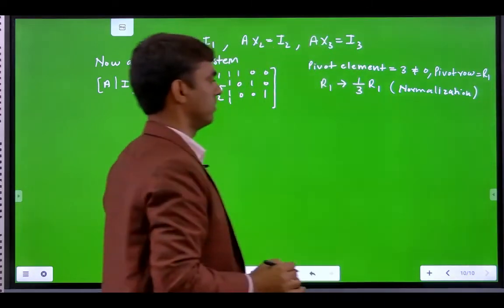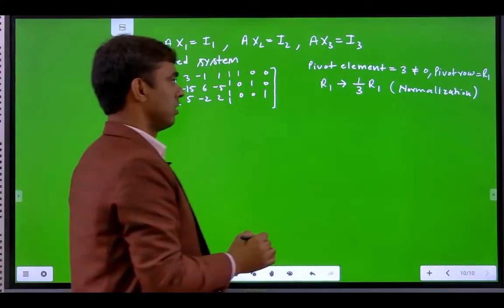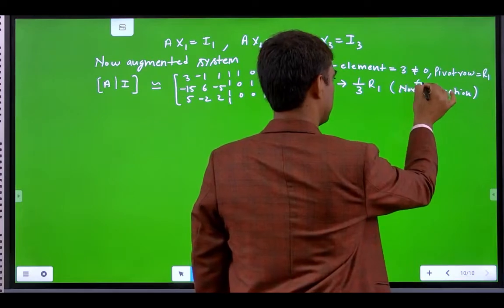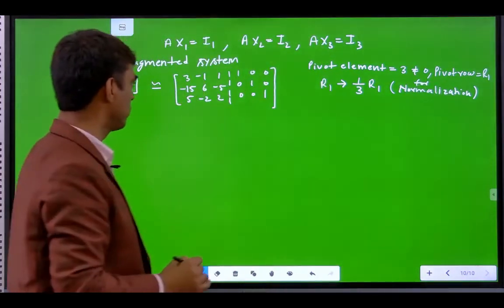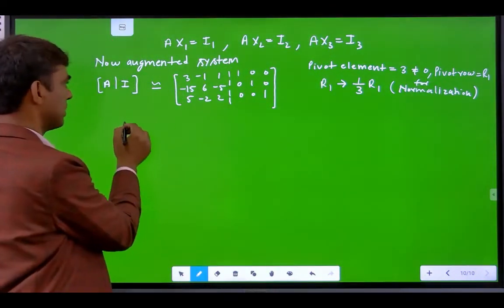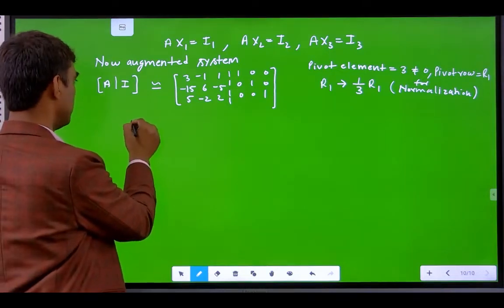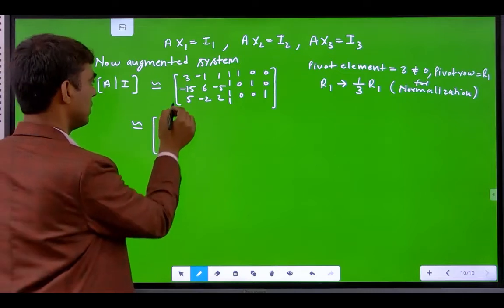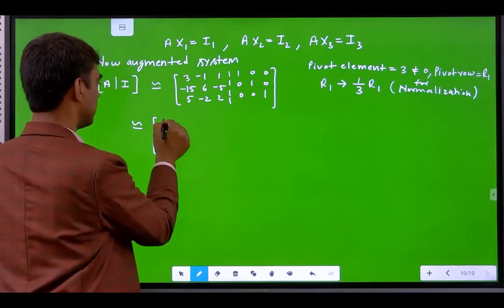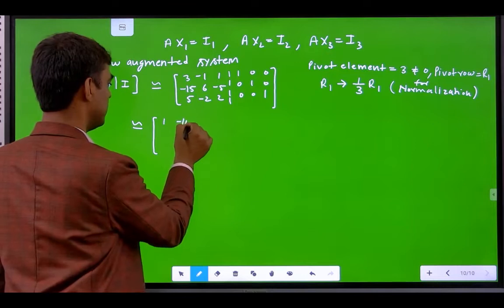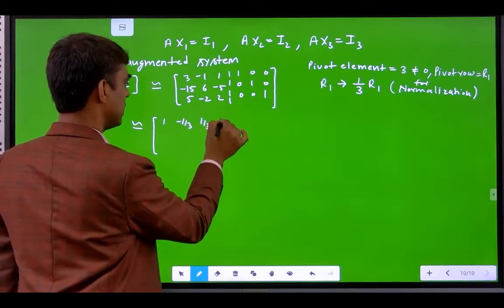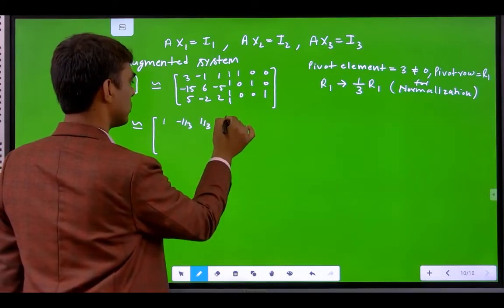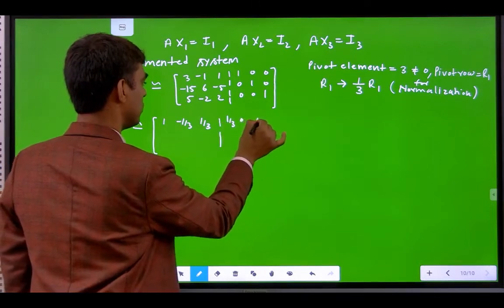For normalization, you may write here. After normalization, what is the equivalent augmented system? If we multiply R1 by 1 by 3, then this becomes 1, minus 1 by 3, 1 by 3 partition, 1 by 3, 0, 0.